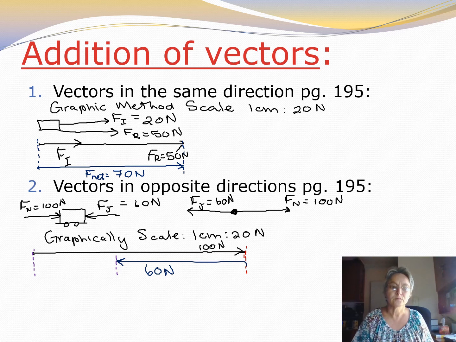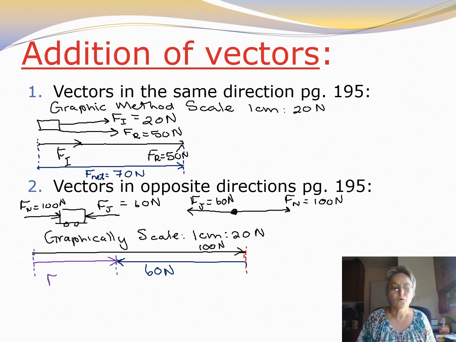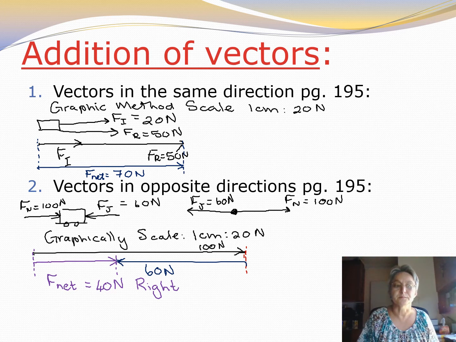So this line here is my net force, and it is 40 newtons to the right. Sorry, in the first example, the resultant is 70 newtons to the right.